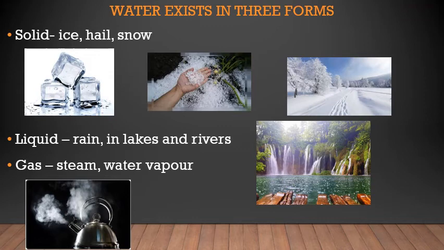And even water vapor. When I was telling about the water cycle, the water from the water bodies becomes water vapor in the presence of sunlight. That water vapor is the gaseous state of water. So these are the three important forms of water, that is solid, liquid and gas.